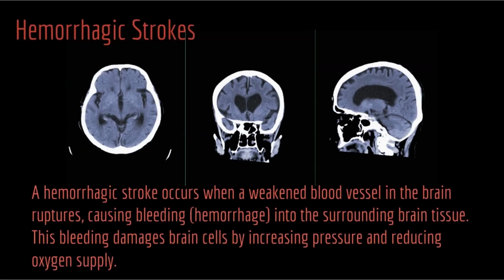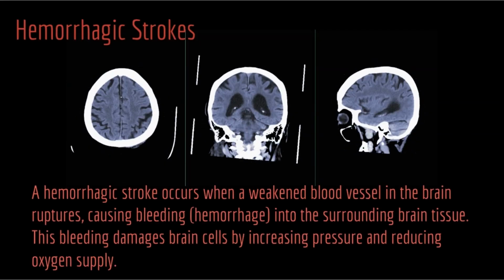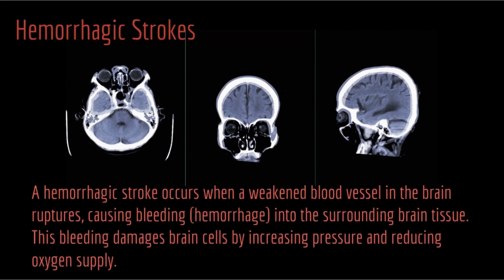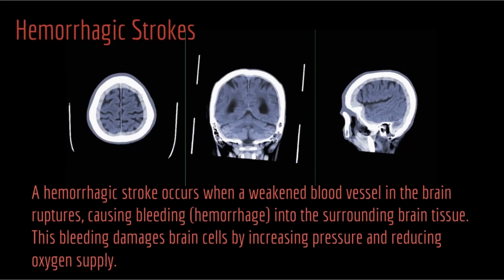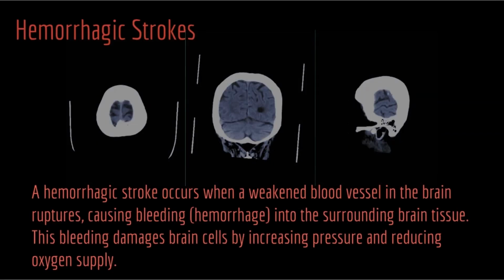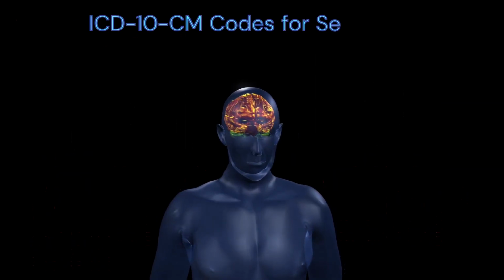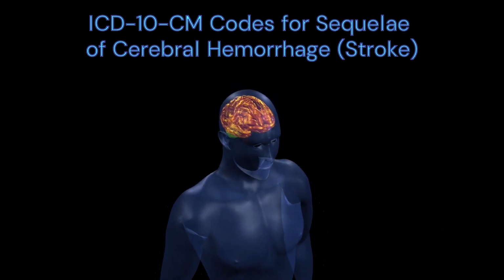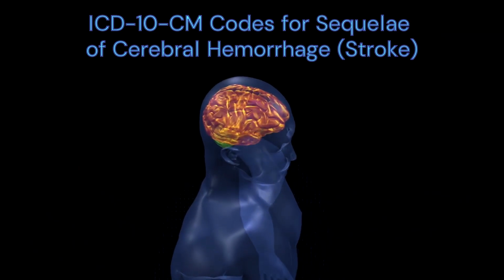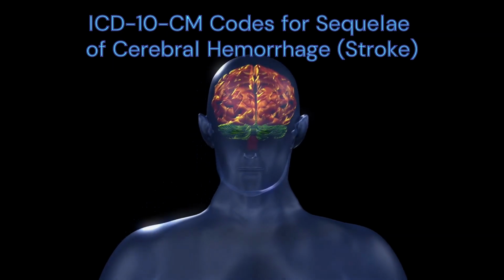A hemorrhagic stroke occurs when a weakened blood vessel in the brain ruptures, causing bleeding or hemorrhage into the surrounding brain tissue. This bleeding damages brain cells by increasing pressure and reducing oxygen supply. Assigning ICD-10-CM codes for the sequelae of a cerebral hemorrhage is very similar to ischemic stroke coding.